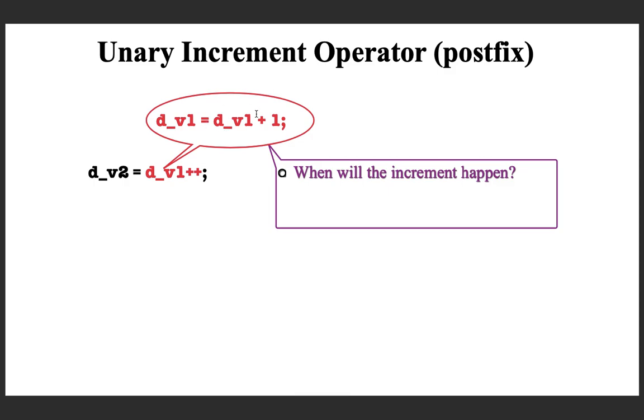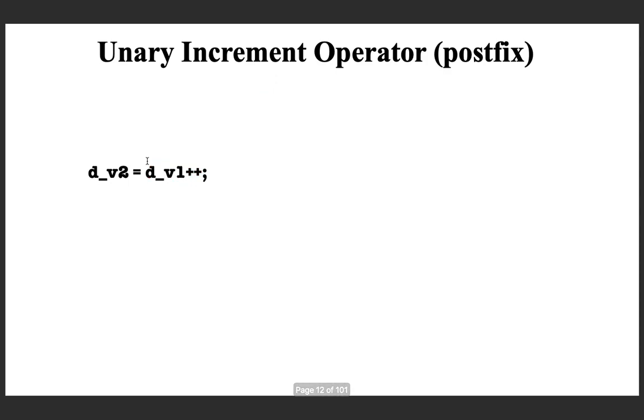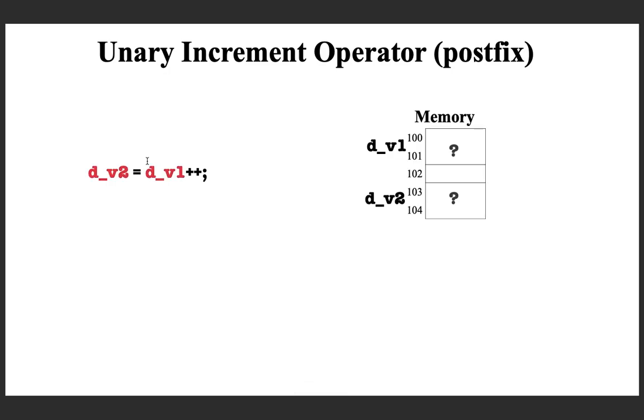Now, when will the increment happen? Is it before or after executing the assignment operator? We can try to understand how it is going to work using this example. There are two decimal variables p1 and p2.